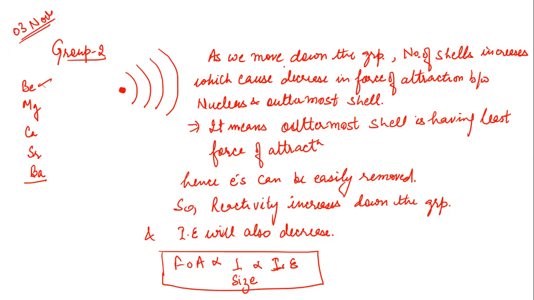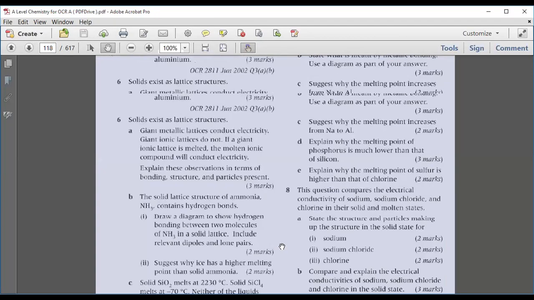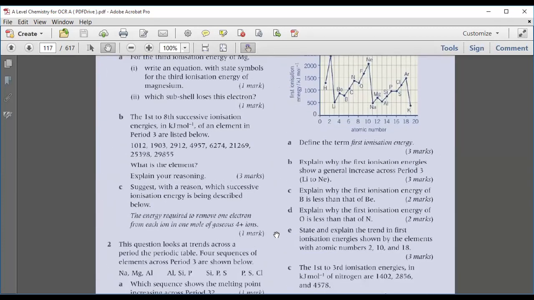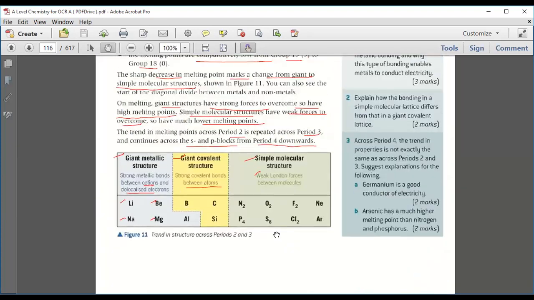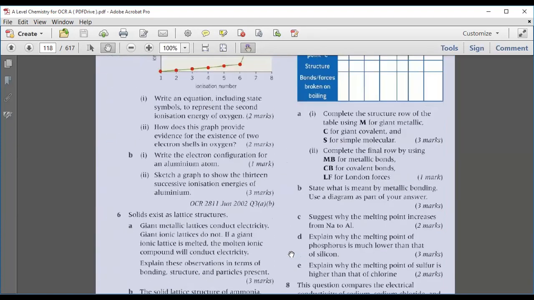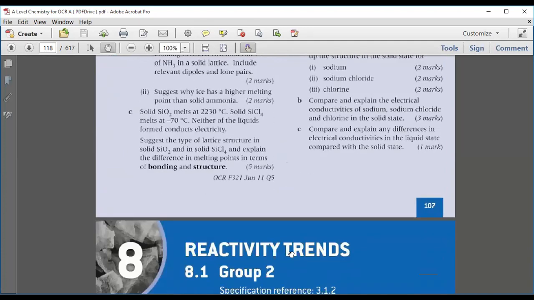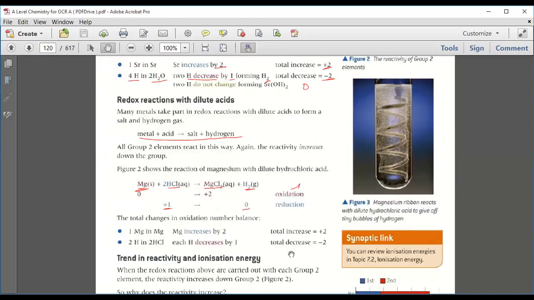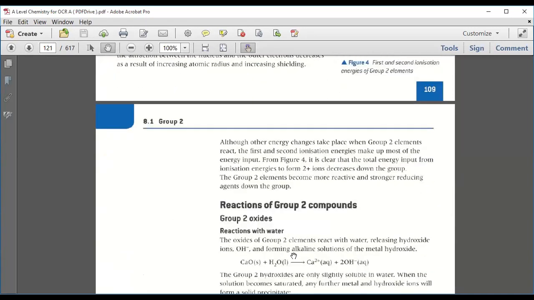Now moving towards this one. You were supposed to do those questions from chapter number 7, the practice questions. You're supposed to do all these ones. I've done the summary questions, I didn't do the practice questions. Do one thing, just take a picture of it and send it to me.